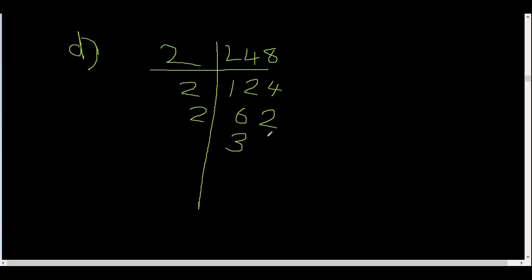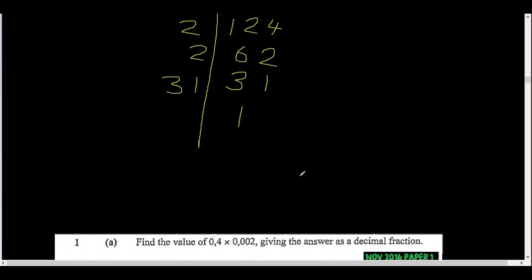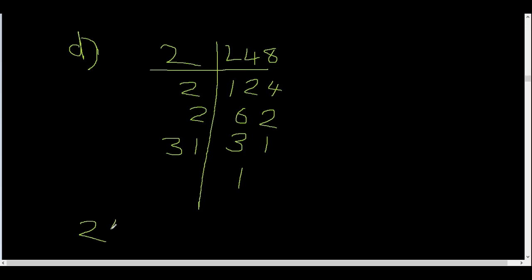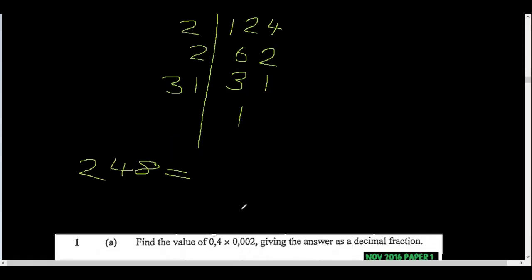Then there is no other prime factor less than 31 that can go into 31. Therefore we use 31 now, and we end there. 248 expressed as the product of its prime factors is 248 equals 2 times 2 times 2 times 31.